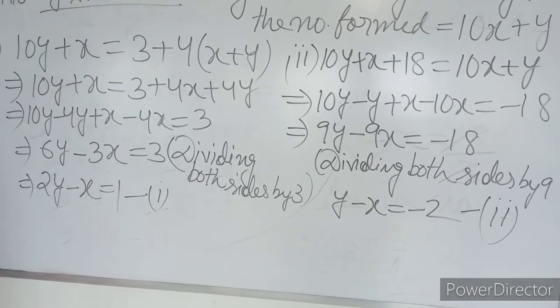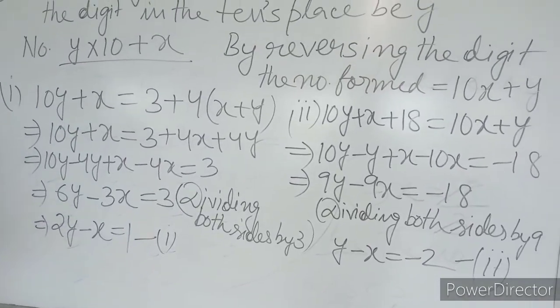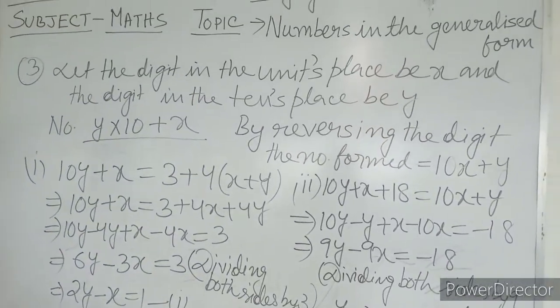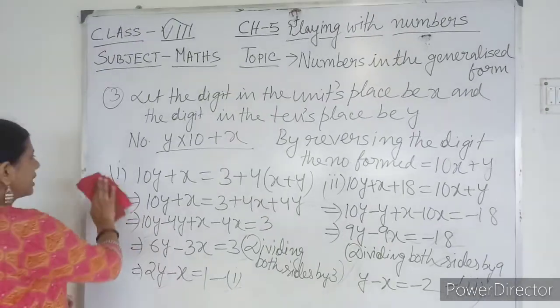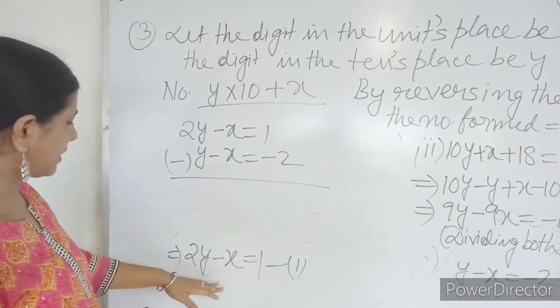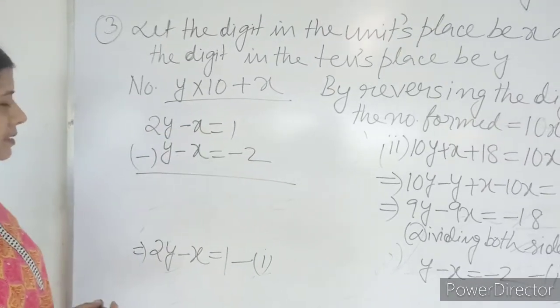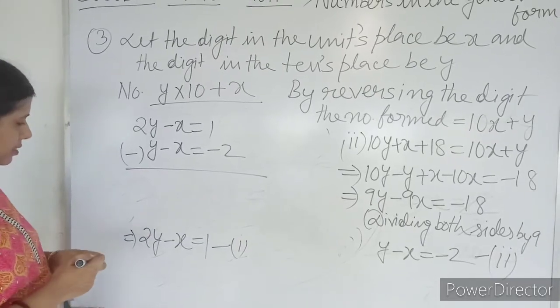As there is no place, I am rubbing this portion to solve both equations. If you want, you can pause the video to see it again and again. Now I am going to solve these two equations. I have written 2y minus x equal to 1 and y minus x equal to minus 2.